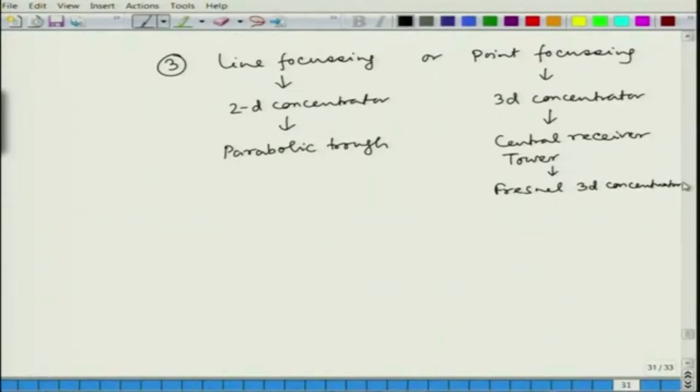Okay. So, these are different ways you can classify the concentrator optics.